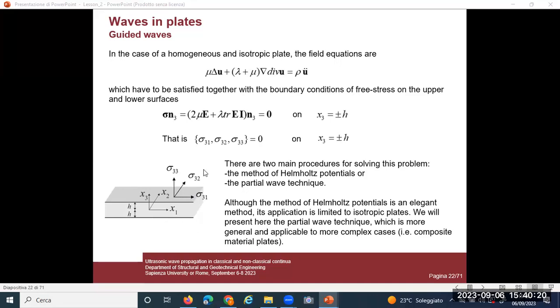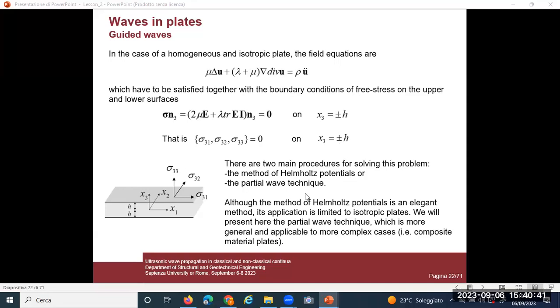This means that this product, where sigma is the stress, has to be 0 when h sub 3 equals plus h and when h sub 3 equals minus h.